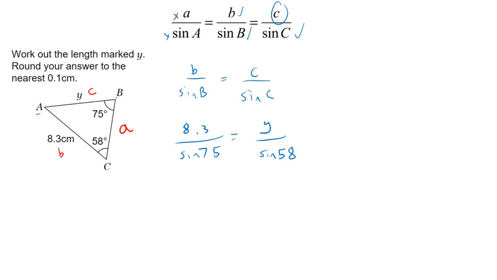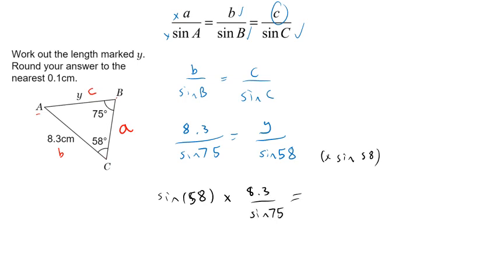So now we've got y divided by sine 58. So to find y, we multiply both sides by sine 58. And so into your calculator in just one step, you can type in sine 58, times by fraction button 8.3 over sine 75.